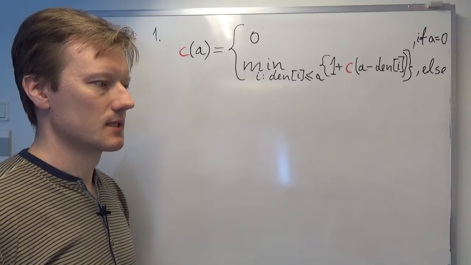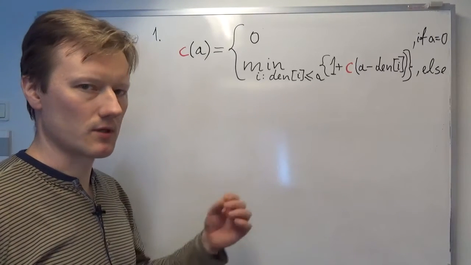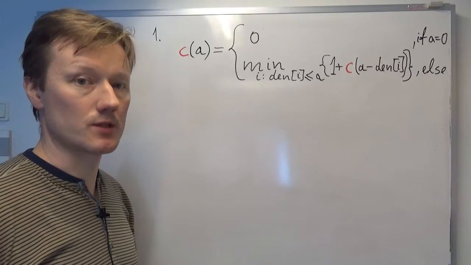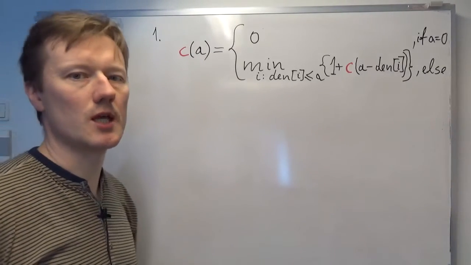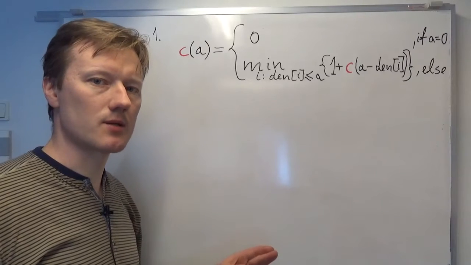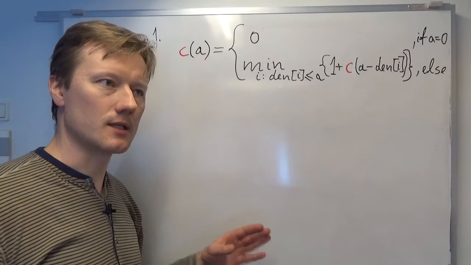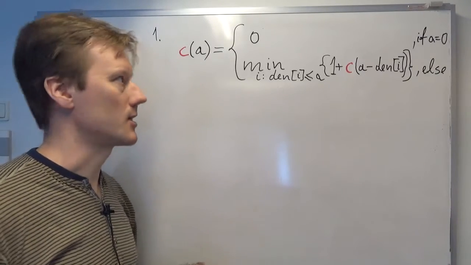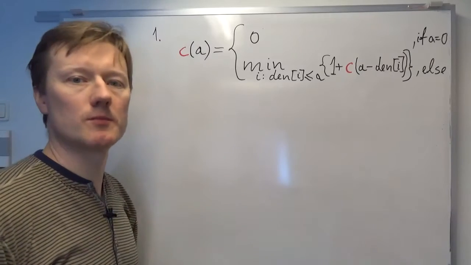So it seems that in this case, the parameter that defines a subproblem is very simple. It's just the amount that we need to change. Everything else about the problem is the same for all different subproblems. So we have all the denominations available.